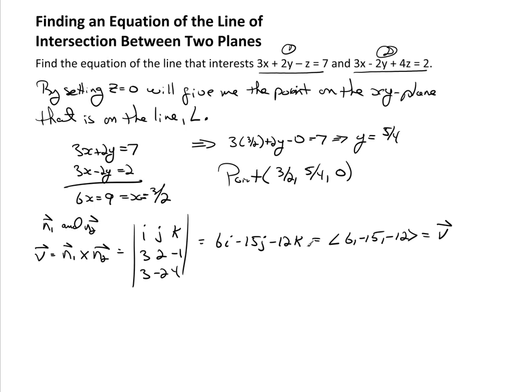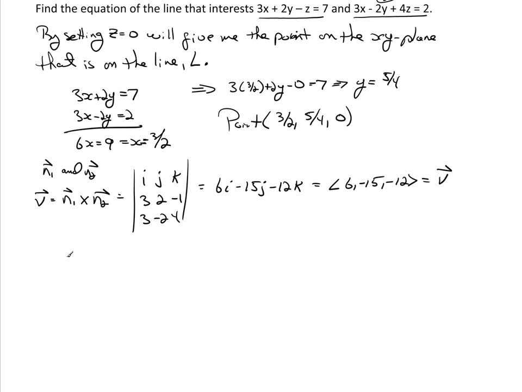I have a point. So now I know that the equation of the line is going to be, have I used r yet? No, I haven't. Let's just say r is going to be r naught plus tv. Well, we found v, and r naught is going to be that point that we have. R naught is going to be the position vector for this point.